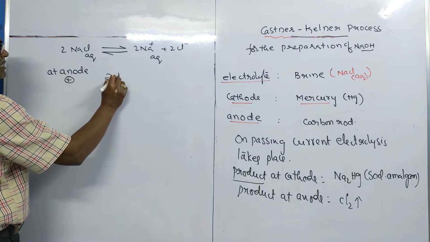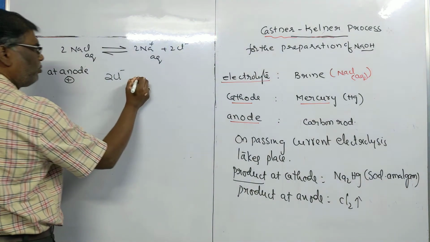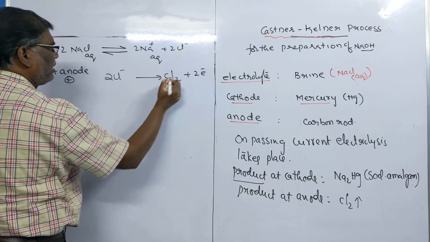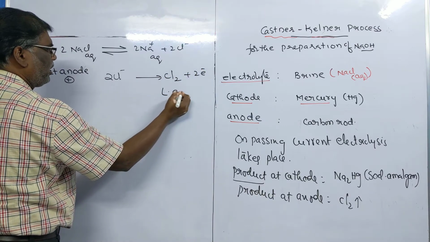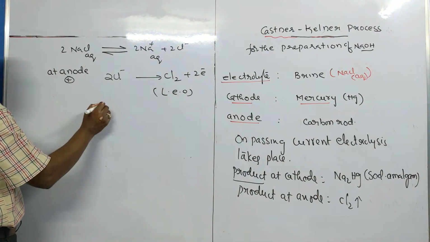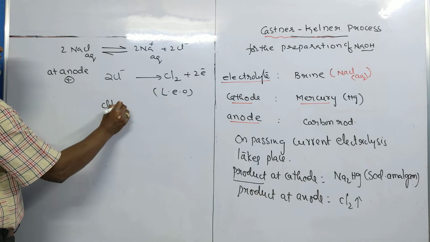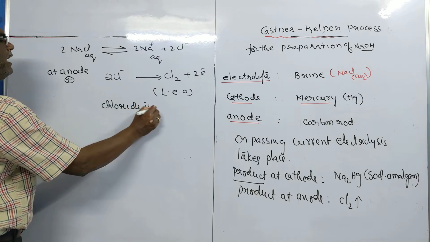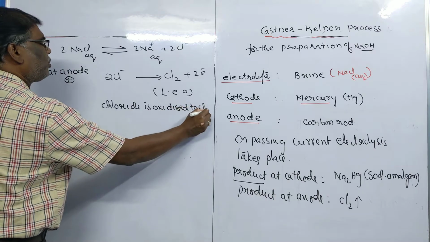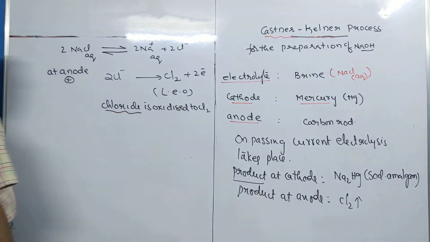So negative ions reach it and lose electrons. Loss of electrons is called oxidation. So chloride is oxidized to chlorine.